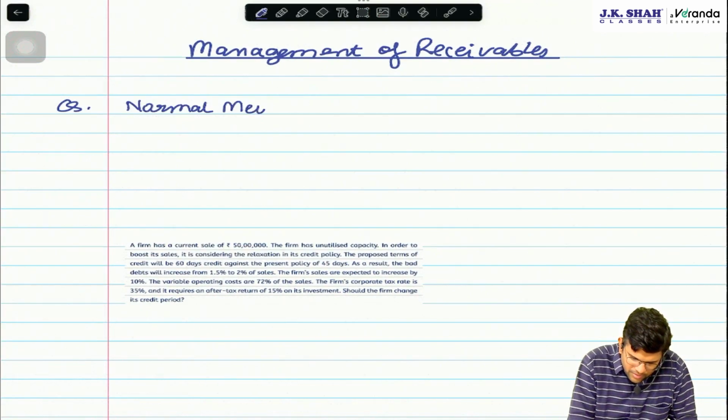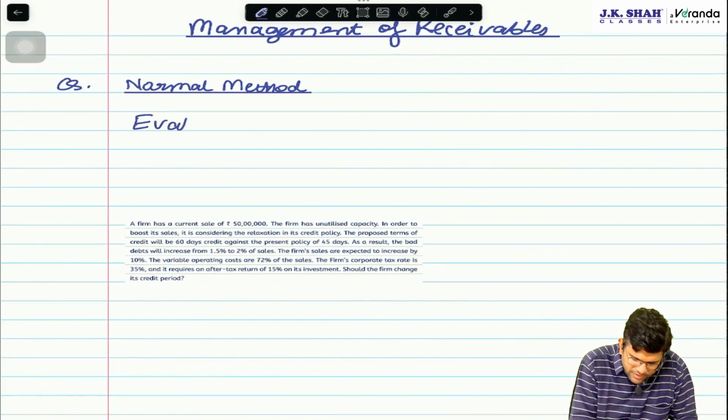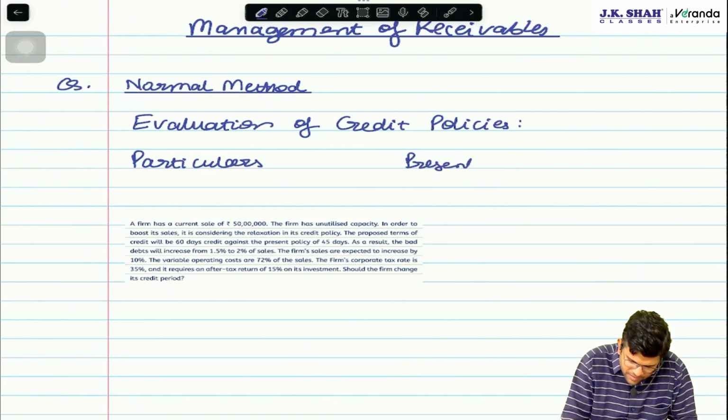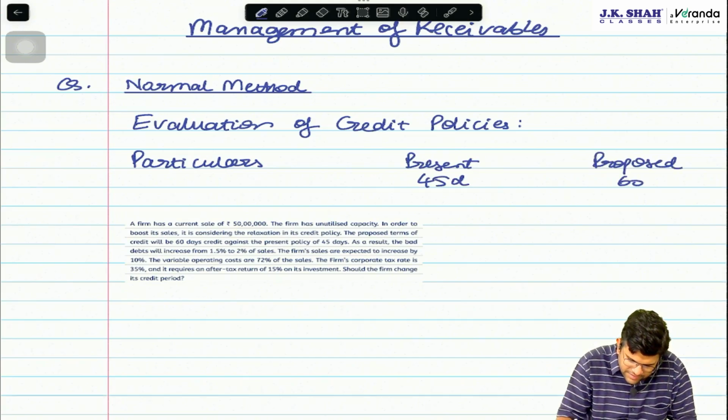In this, I will make 3 columns. First of all, I will write evaluation of credit policies. In that, I will write 3 columns: particulars, then the present policy, which is of 45 days, and the proposed policy of 60 days.